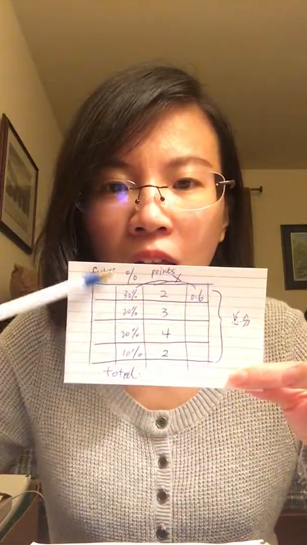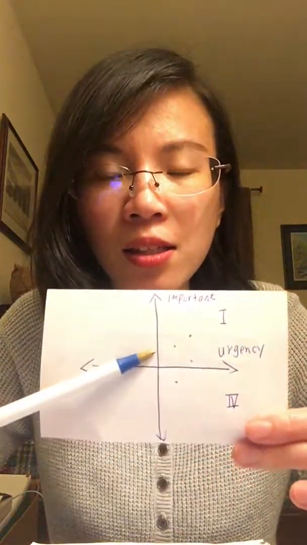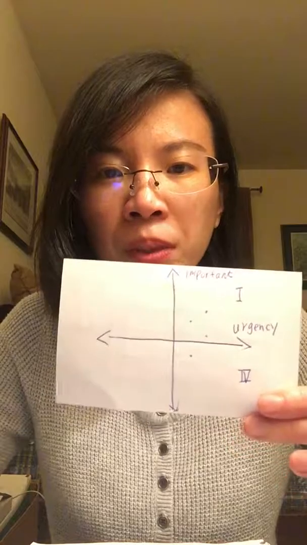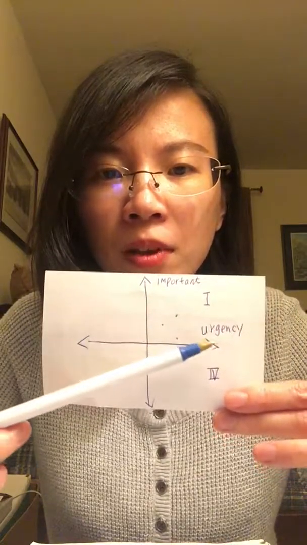That way, instead of just relying on your intuition or your feeling, by drawing the columns and getting the total number, it helps you determine which dots, which problems, you should fix first: the urgent, important ones.